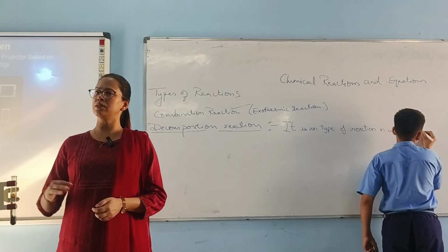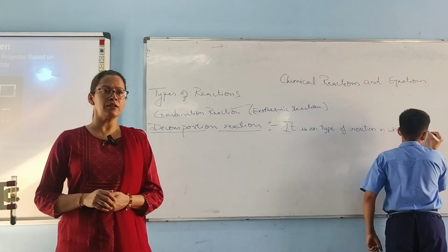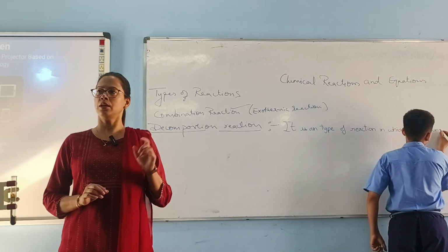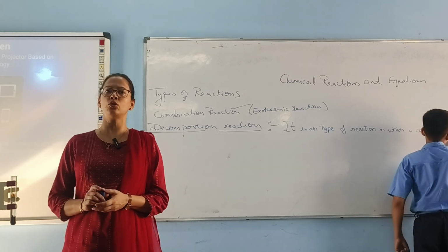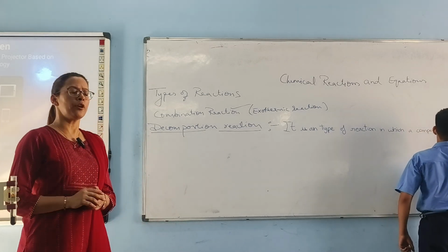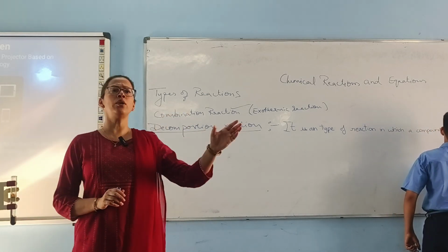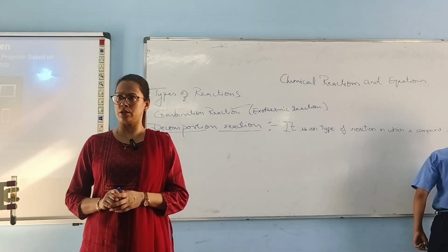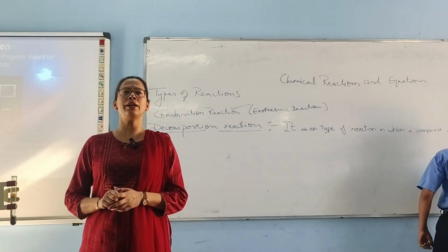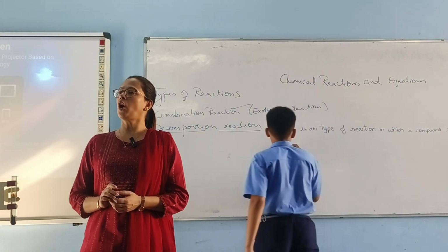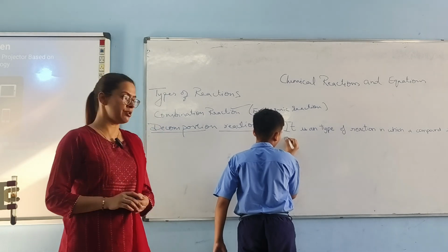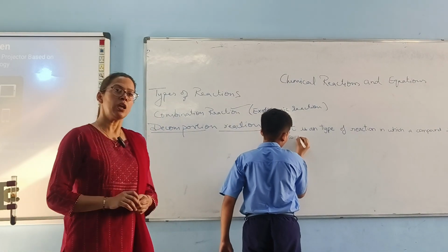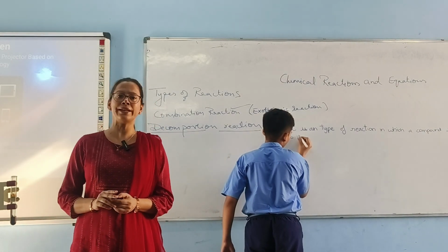Now, on the basis of the energy which decomposes the compound, we classify it into different forms. For example, if the compound is decomposed using heat, then we call it a thermal decomposition reaction. So now we also write the definition.